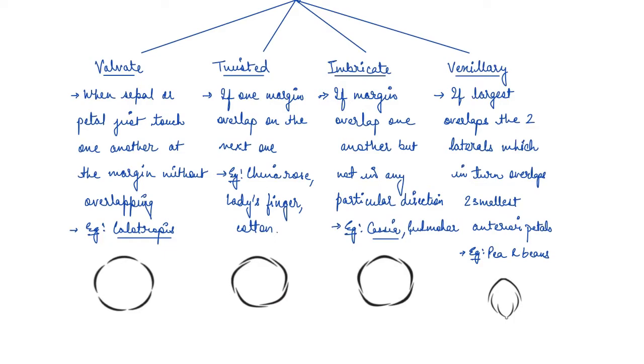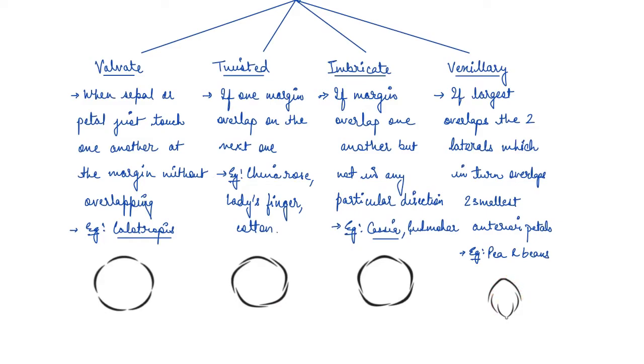Okay. Now the last one is vexillary. So in vexillary, what happens is there are 5 petals. Now in that, the largest petal overlaps the two lateral petals, which are known as wings, and that in turn overlaps the two smallest anterior petals. Okay, so this is the largest one.